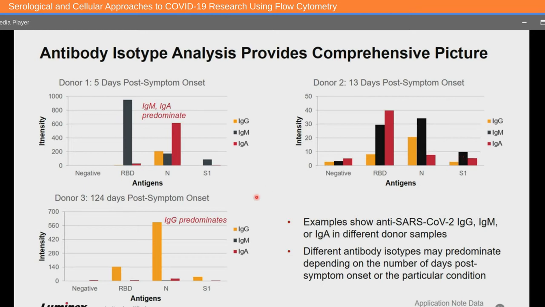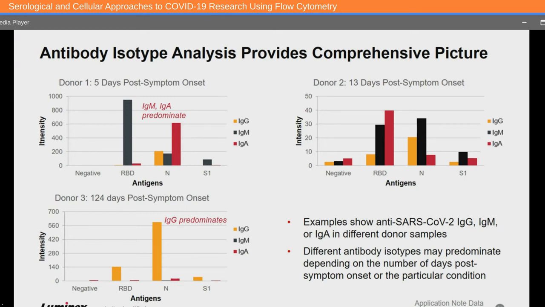If we look at another donor, donor 3, which is 124 days post-symptom onset, we notice that this sample is predominantly all IgG, and there are negligible amounts of IgM and IgA antibodies present against any of the antigens. And this is in line with our understanding of the decline of IgM and IgA isotypes as these samples age.